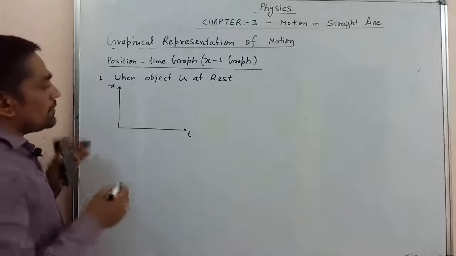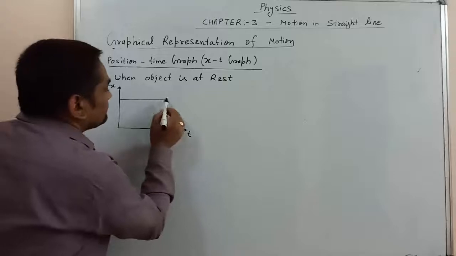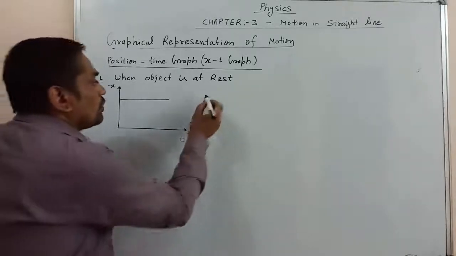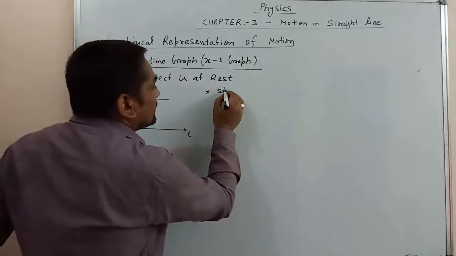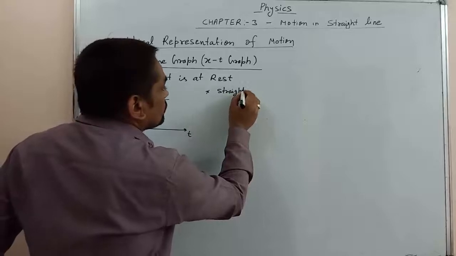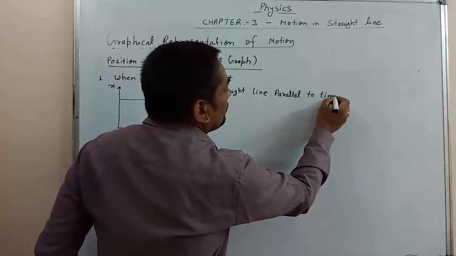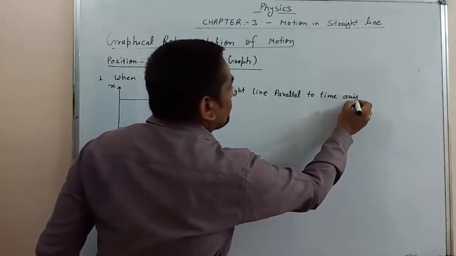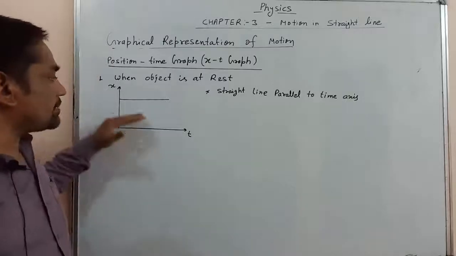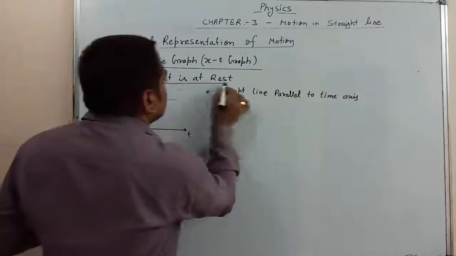So if the graph between displacement and time is a straight line parallel to time axis. So what kind of graph is there? Straight line parallel to time axis. If the graph is drawn in the form of a straight line that is parallel to time axis, that means the object is at rest.